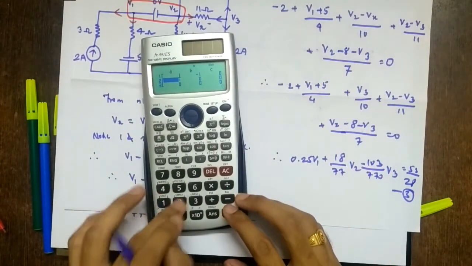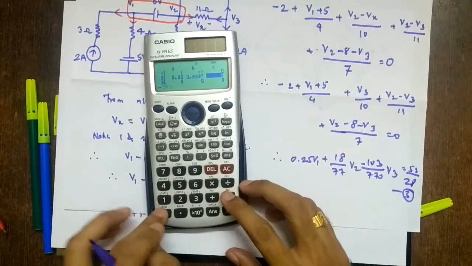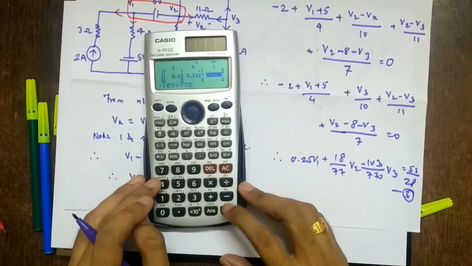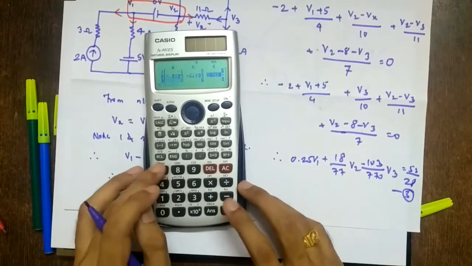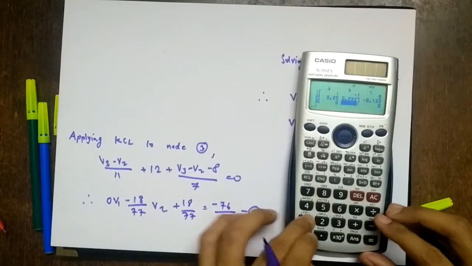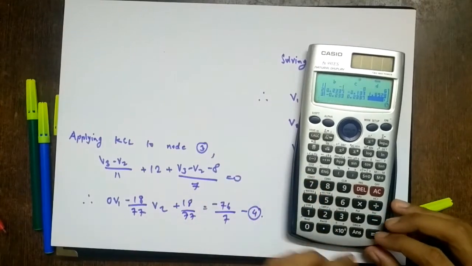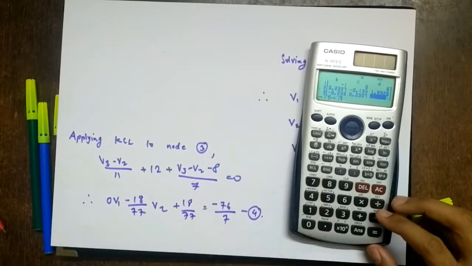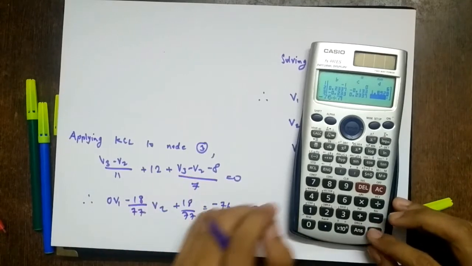In equation number 3: 0.25, 18 divided by 77, minus 103 by 770, equal to 53 by 28. Then equation number 4: 0, minus 18 divided by 77, 18 divided by 77, equal to minus 76 divided by 7.